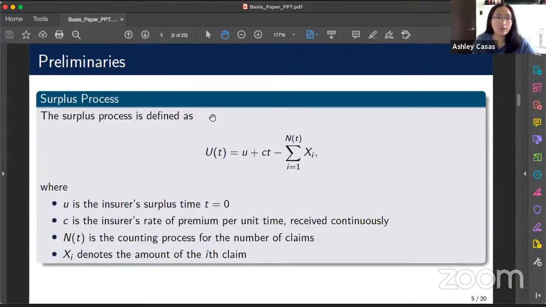Next, the surplus process is defined as capital U of t equals u plus ct minus the sum of X sub i from i equals 1 to N of t, where u is the insurer surplus at time t equals 0, c is the insurer's rate of premium per unit time which is received continuously, N of t is the counting process for the number of claims, and X sub i denotes the amount of the ith claim.